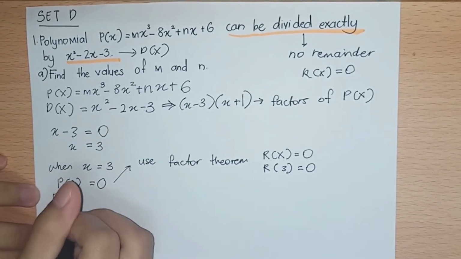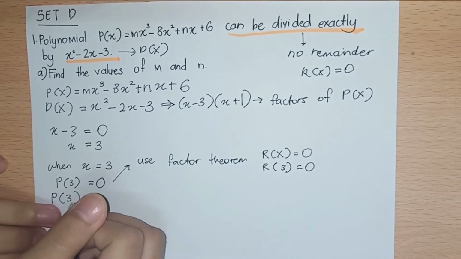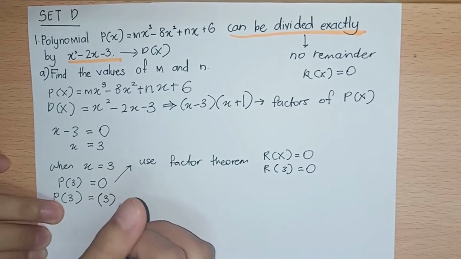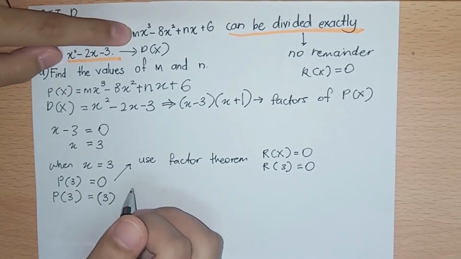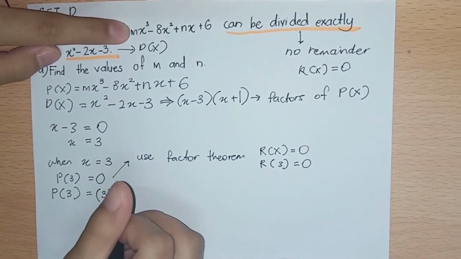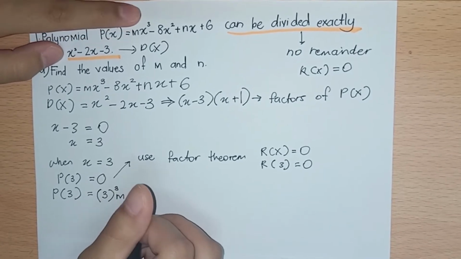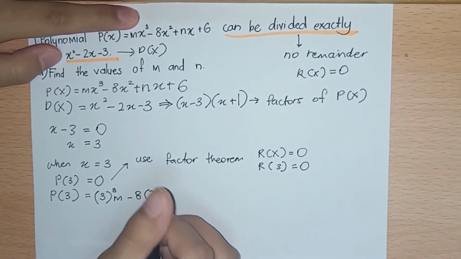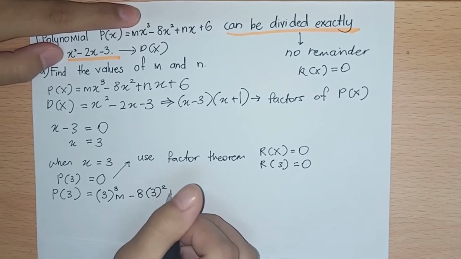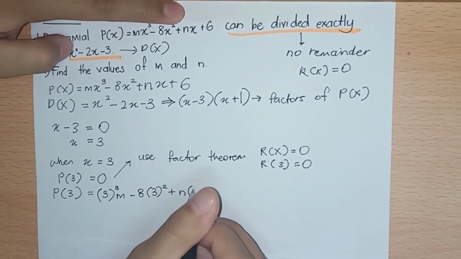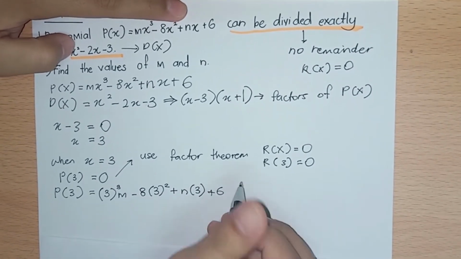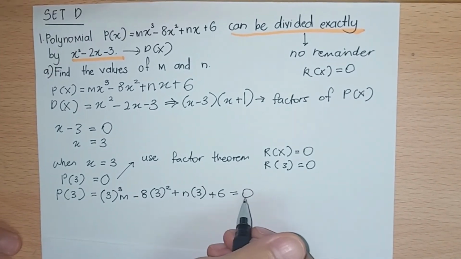It will be P(3), substitute 3: 3 cubed m minus 8 times 3 squared plus n times 3 plus 6 will be equal to 0.